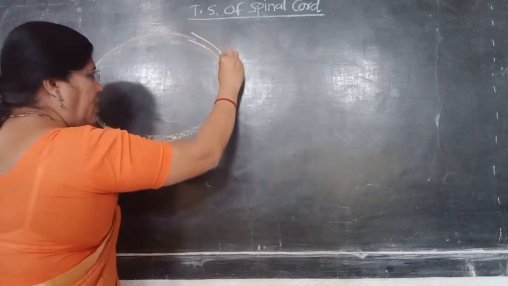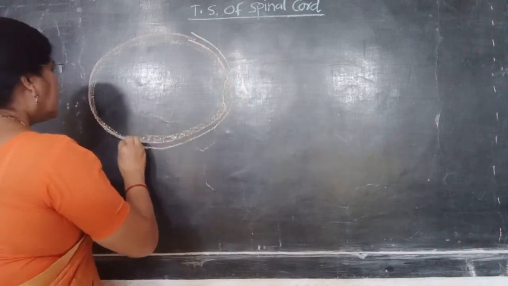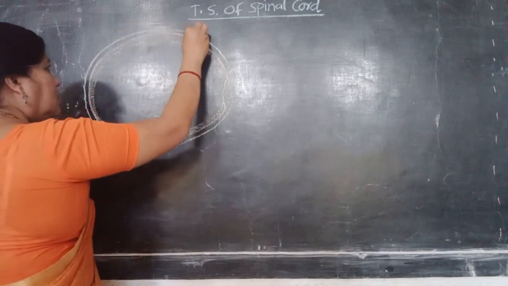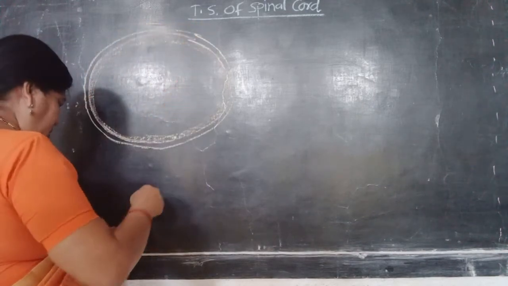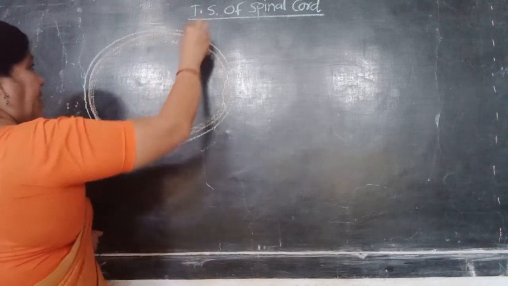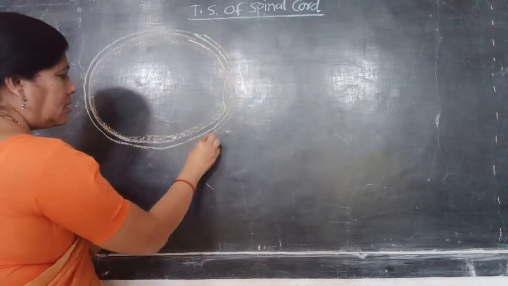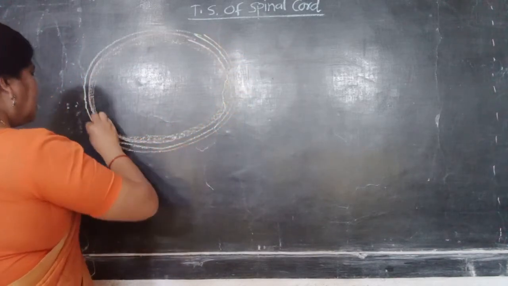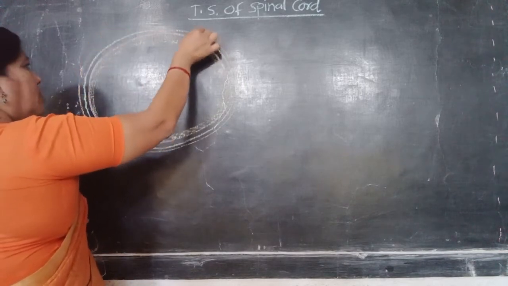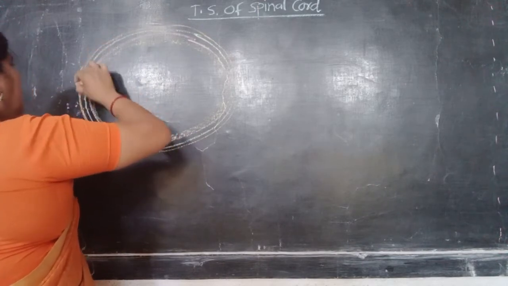This is arachnoid mater, and the outermost meninx is called dura mater. So this is dura mater. Dura mater is the outermost meninx. So in this way, spinal cord is covered by three meninges.